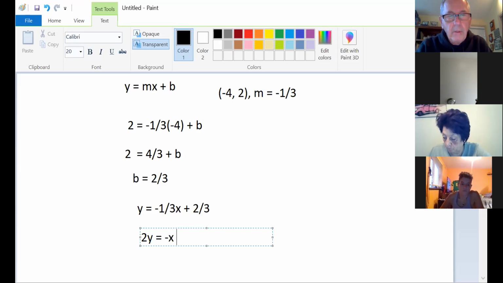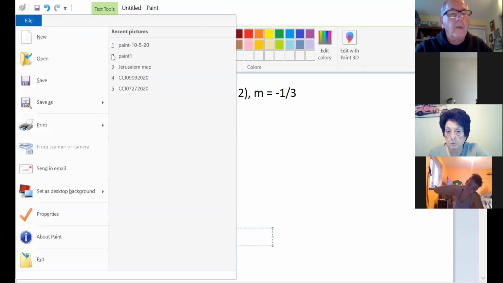Excuse me, this should be 3y. Multiply by 3, so it'd be 3y is equal to minus x plus 2. I just multiply everything by 3 to get rid of the fraction. So you could leave it like that and say, well, what does that look like in graph form? It's pretty simple.